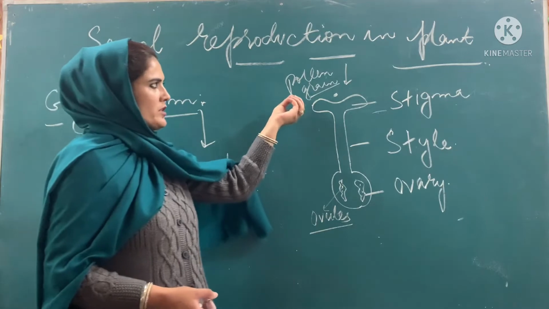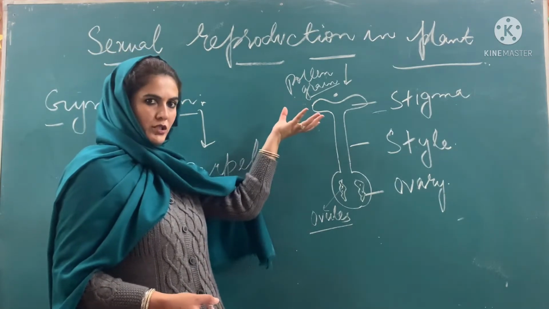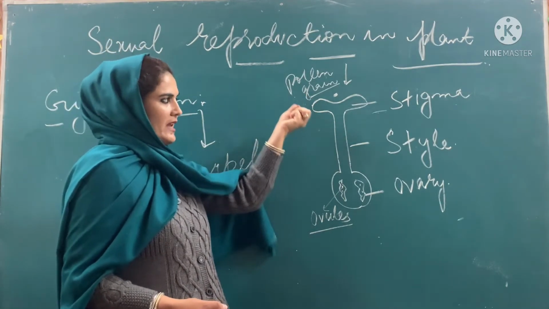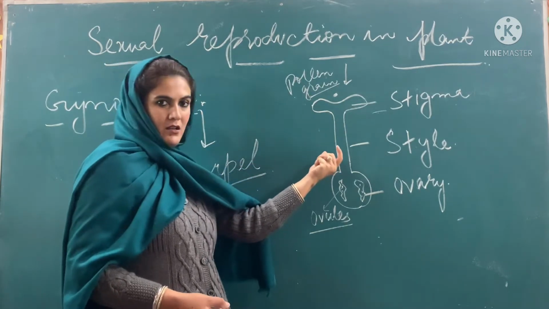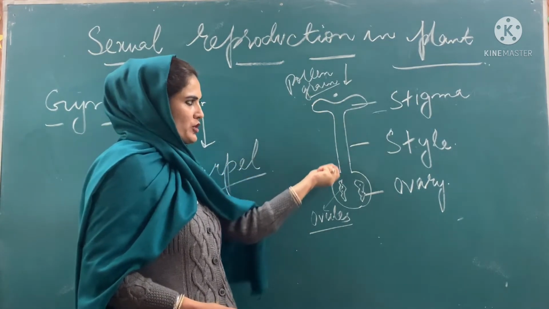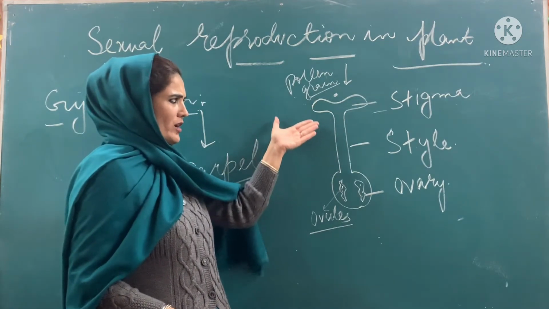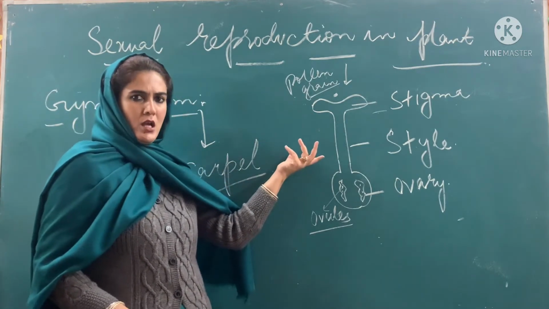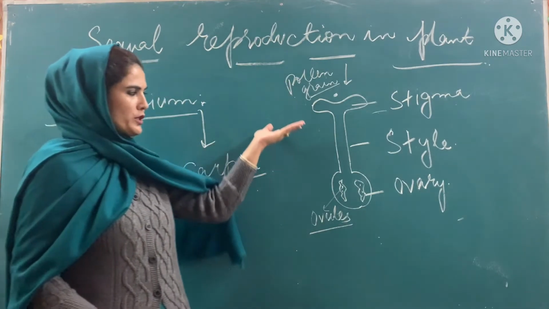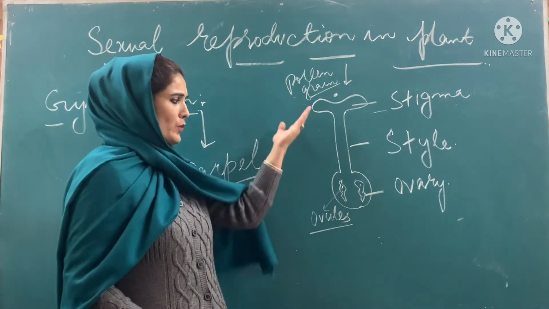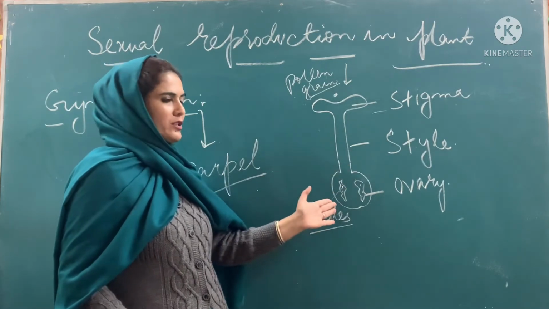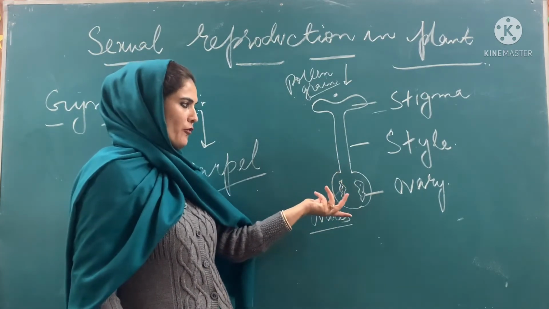The pollen grain here absorbs water, swells up, forms a pollen tube and then enters through the style. The style is an elongated part, a pathway for the pollen grain to enter the ovary. The last part is the ovary.